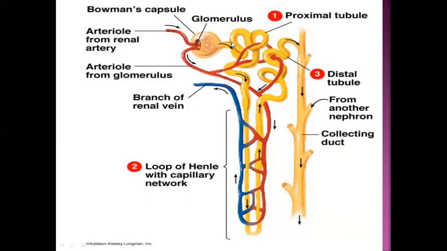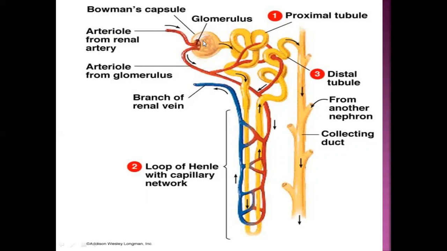The Bowman capsule rises and forms the proximal convoluted tubule, and then the proximal convoluted tubule moves to the loop of Henle, and the loop of Henle moves to the distal convoluted tubule. From the distal convoluted tubule, urine forms and is collected into the collecting duct. This is it. After that, the capillary network. The blood capillaries in the Bowman capsule are called the glomerulus.